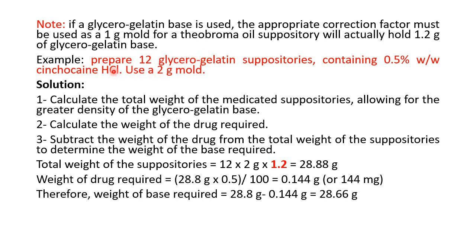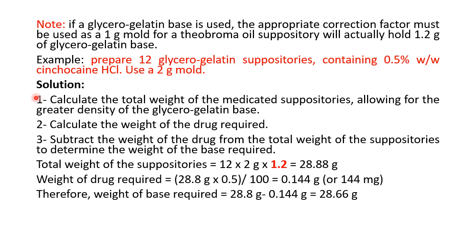In this example, it asks to prepare 12 glycerogelatin suppositories. Each suppository should contain 0.5% weight per weight of lignocaine hydrochloride using a 2 gram mold. So you can see there's no mention of the displacement value, and the active ingredient is present as a percentage of weight per weight.